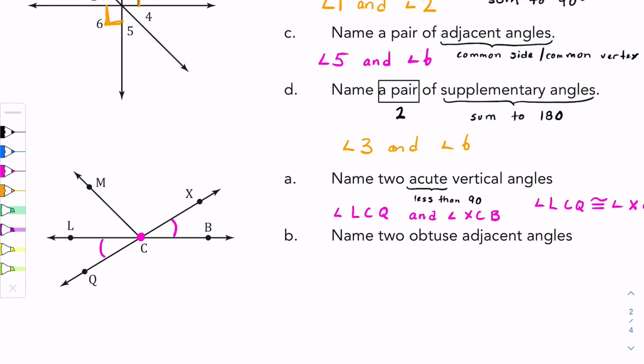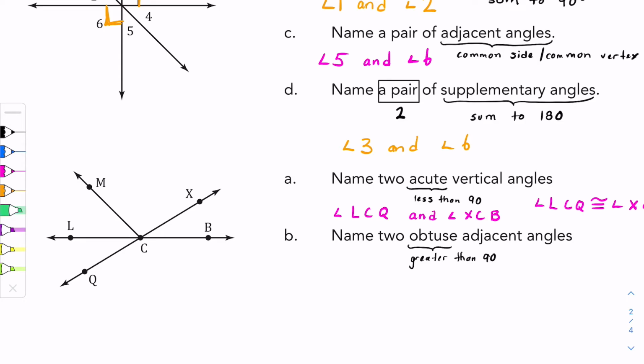Part B says to name two obtuse adjacent angles. So obtuse means greater than 90. And adjacent means they share a common side and a common vertex. So we're looking for two obtuse adjacent angles.